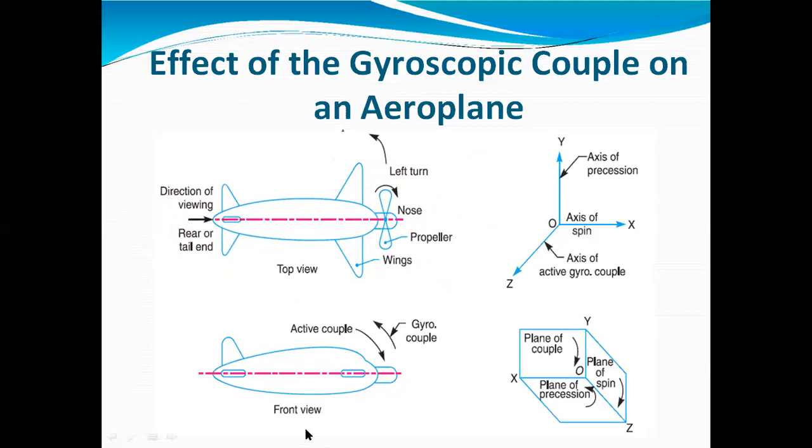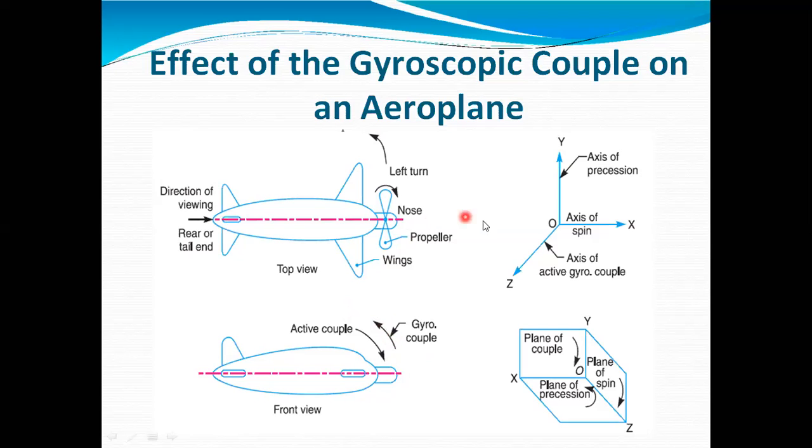And if we talk about when the aeroplane is taking turn, two kinds of couples are created over there. The first is the active gyroscopic couple and second one is the reactive gyroscopic couple. The one couple is responsible for turning of the body, another couple is responsible for orientation or balancing of the body.